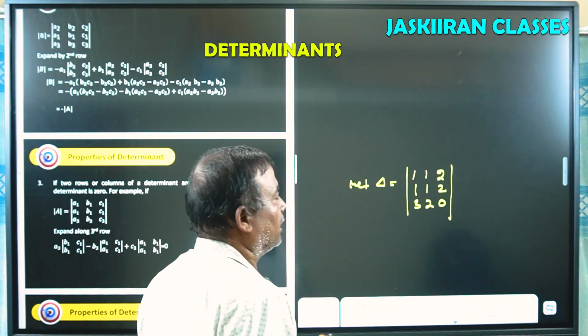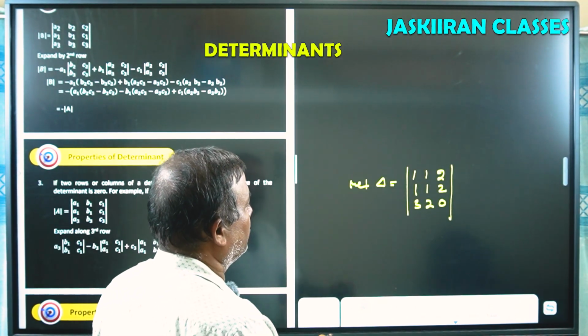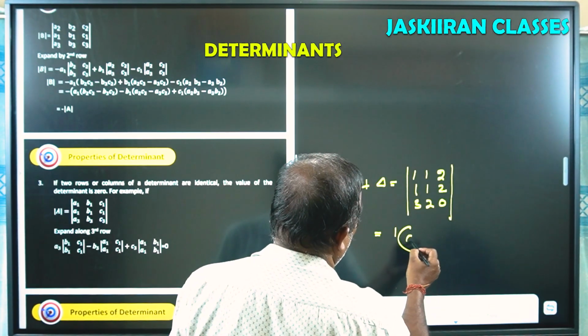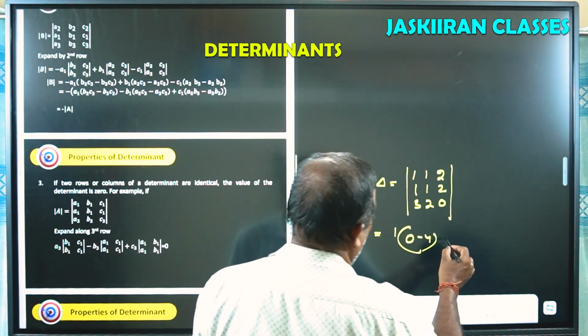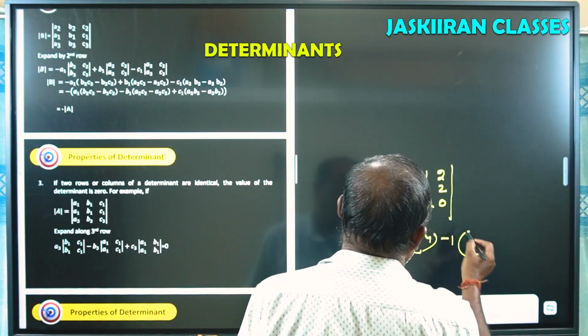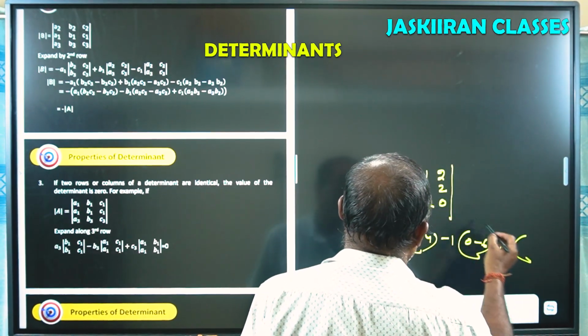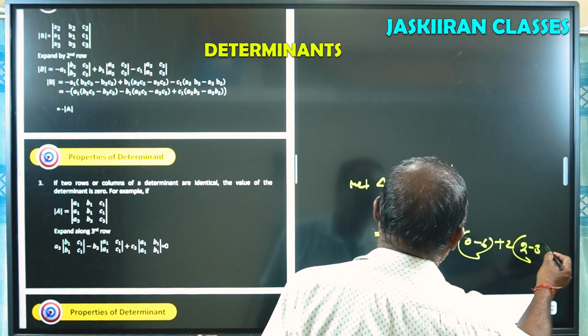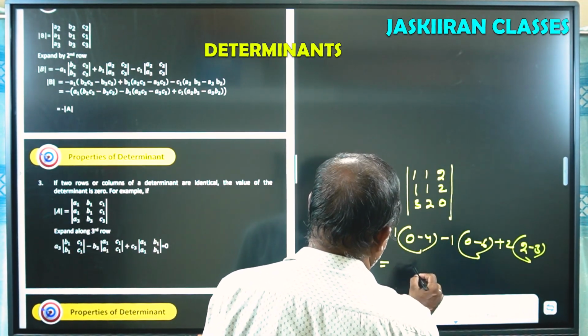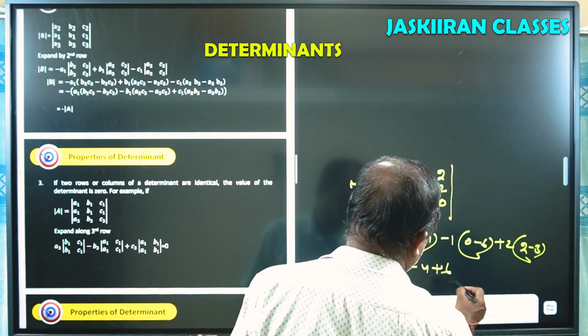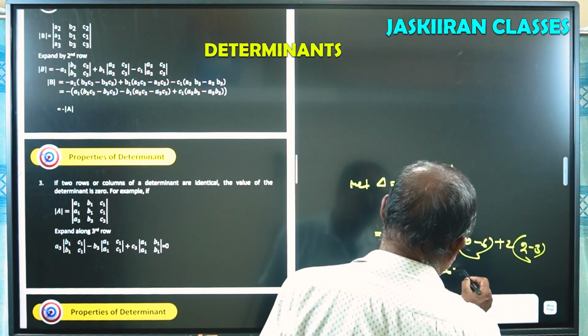Now expanding that determinant, we get 1 into 0 minus 4, minus 1 into 0 minus 6, plus 2 into 2 minus 3. That is minus 4 plus 3 minus 4.